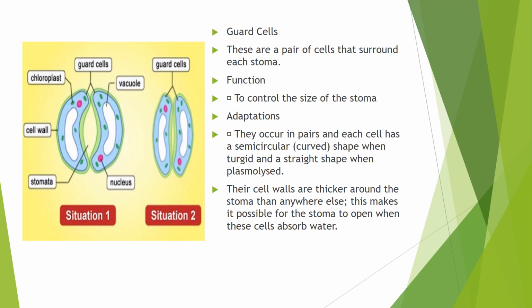These ones control the size of the stoma, so they know when to open very wide to allow gaseous exchange to take place, and also to allow water to go out, and they know when to close. They usually close at night, right, to make sure that the plant does not lose water at night. Remember, at night the plant cannot photosynthesize, so it does not need any carbon dioxide to come in. Remember, carbon dioxide is required for photosynthesis to take place, right?